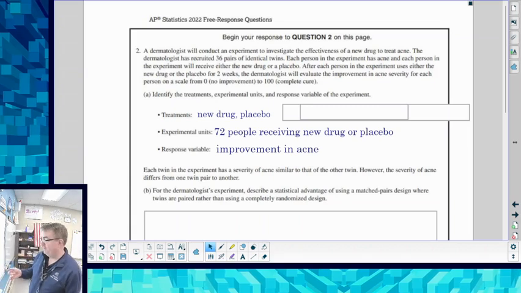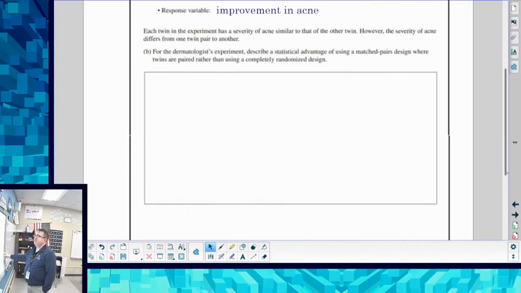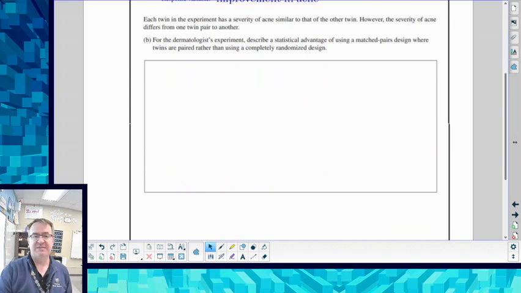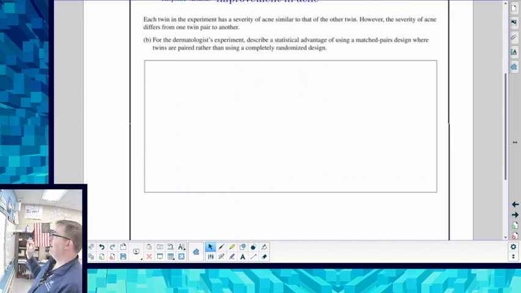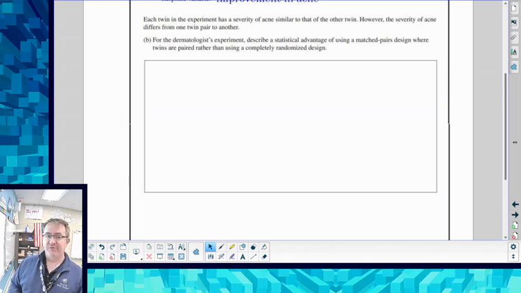Pretty straightforward. Now each twin has a severity of acne similar to that of the other twin. However, the severity can differ between sets of twins. So then they ask us, what's the advantage of using matched pairs?